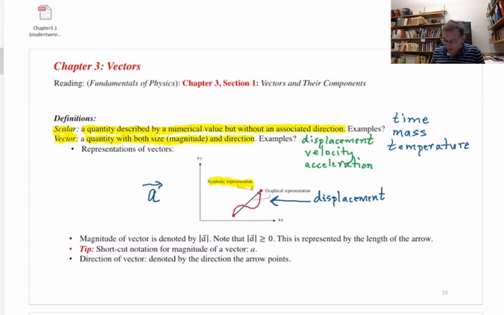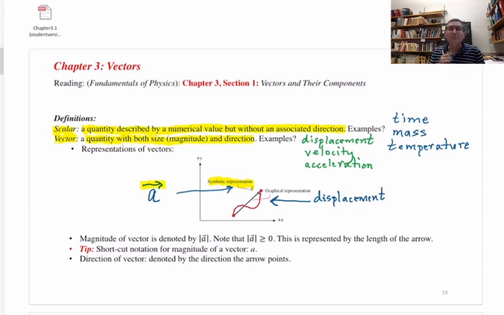That's what I call a symbolic representation of the vector. A letter, and it would be an italicized letter technically, with an arrow on top. And I want to emphasize how important it is to draw that arrow on top in the symbolic representation of a vector. That's the way you tell your reader very clearly that this symbol A is a representation of a vector quantity with a magnitude and a direction.